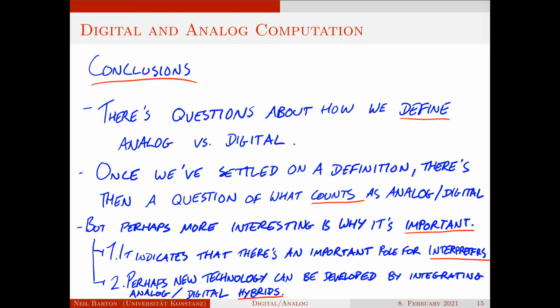Maybe there are other kinds of hybrids, not just quantum computation, that give us new technologies, perhaps different speed advantages. I think that's a really interesting question to ask: how, as philosophers, should we view these engineering activities, and is there anything we can contribute to an understanding of how computation works in general?